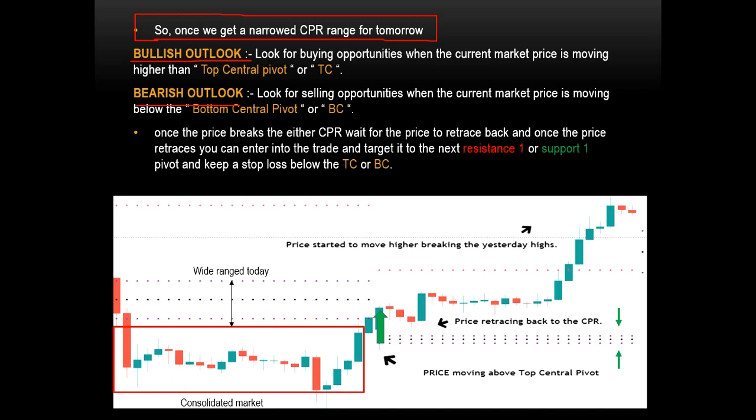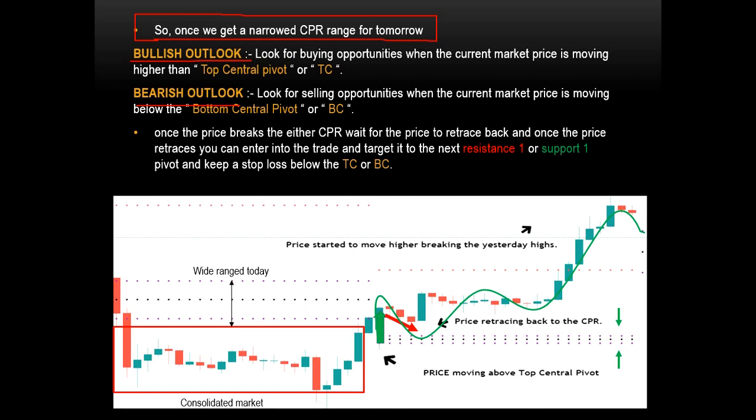Condition number 3. Wait for the price to retrace and reject the downside of the CPR with at least 2 to 3 candles in the retracement period. Enter the trade at this phase with a bullish view. So our trade is now live. Here comes a set of rules for our stop losses and profit target levels.